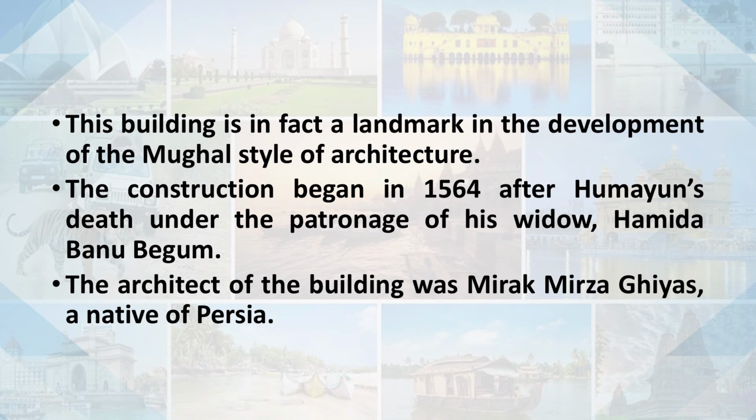The architect of the building was Mirak Mirza Ghias, a native of Persia. He brought many Persian craftsmen to Delhi to work on the structure, and their skills and techniques were liberally employed. The tomb has thus become representative of an Indian rendition of a Persian concept.